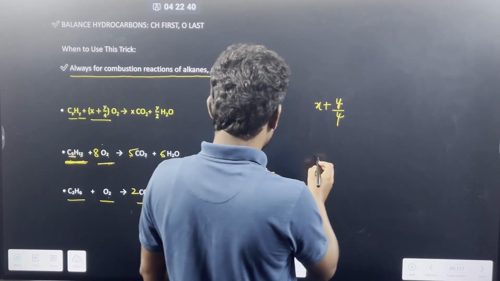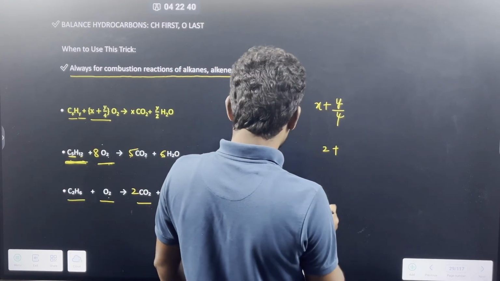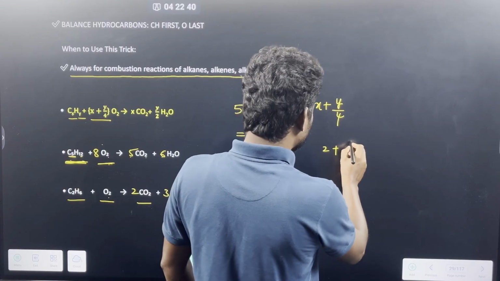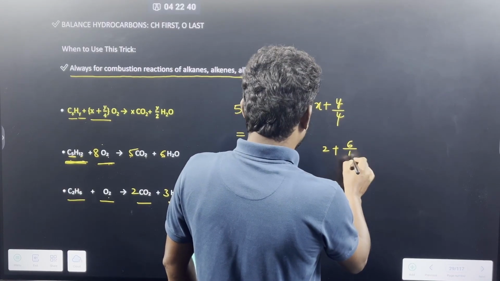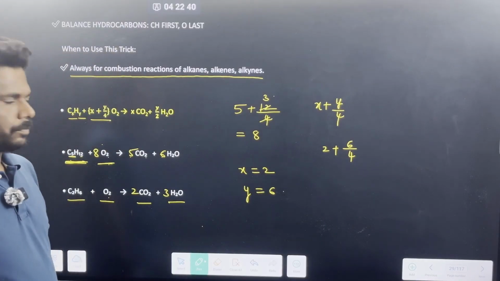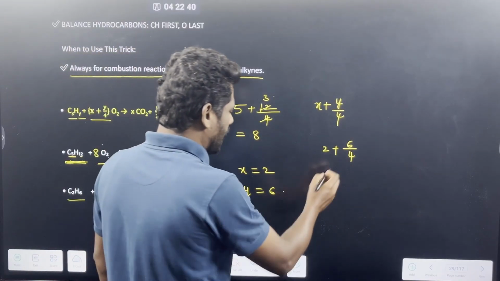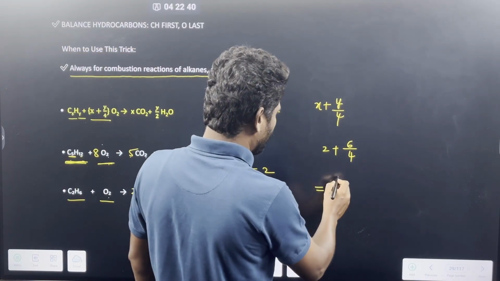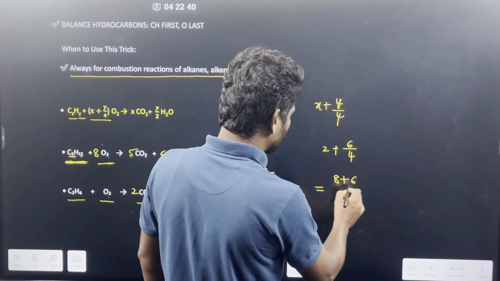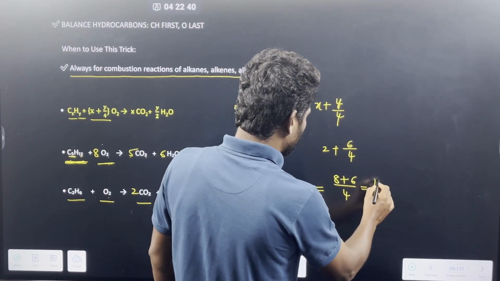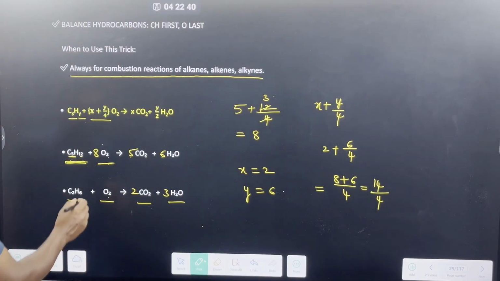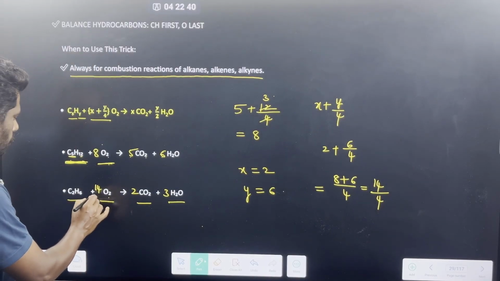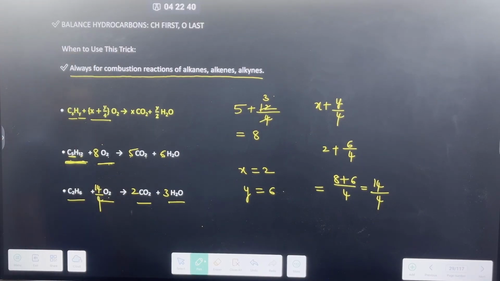As per the equation, the value of X is 2, the value of Y is 6, divided by 4. So, if you calculate it further, 2 4s are 8, 8 plus 6 by 4, that is 14 by 4. So, 14 by 4 is the coefficient.